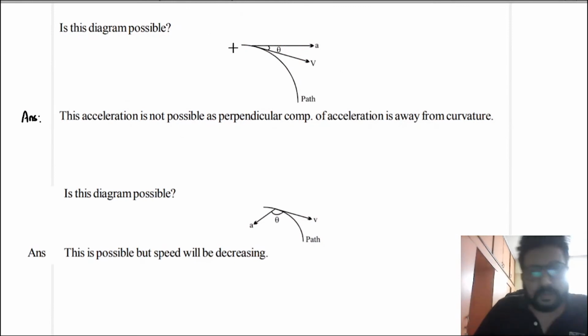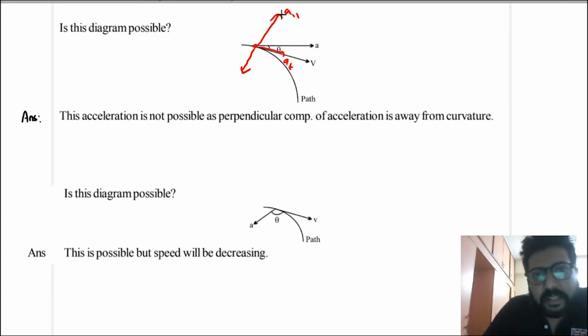Now they are asking whether this diagram is possible or not. At this point it is shown that this is the direction of acceleration and this is the direction of velocity. If you take the components, you will see this is a parallel and this is a tangential. Now the radial component has to be towards the center, but it is away from the center.